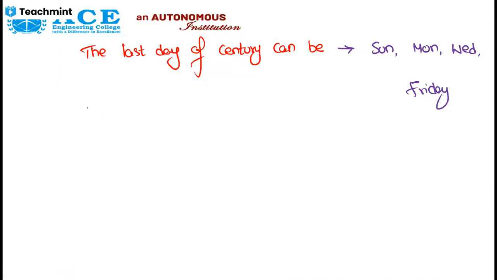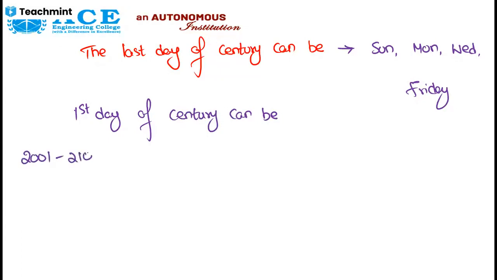Now, regarding first day of century can be. So, how to handle this is, see, my dear friends, century means, for suppose 21st century, in general it's from 2001 to 2100, and next century is 2101 to 2200 likewise, right?